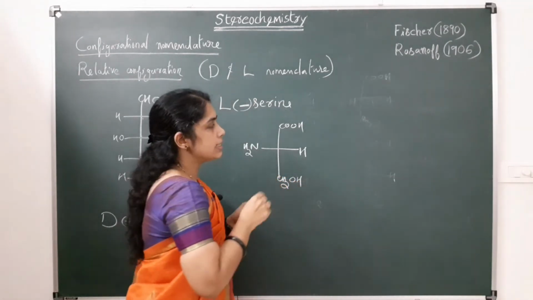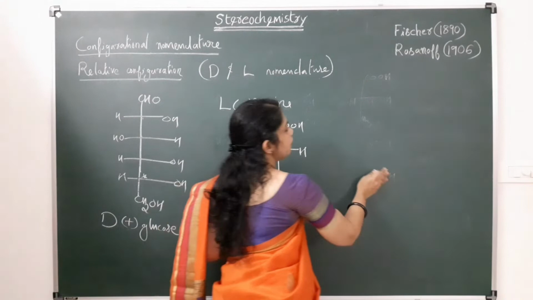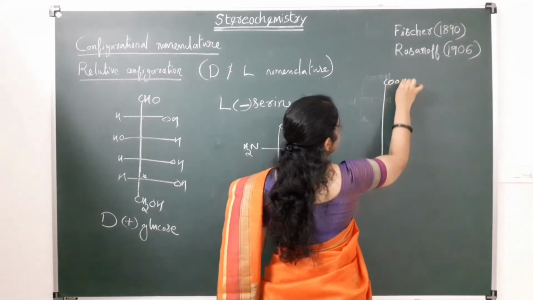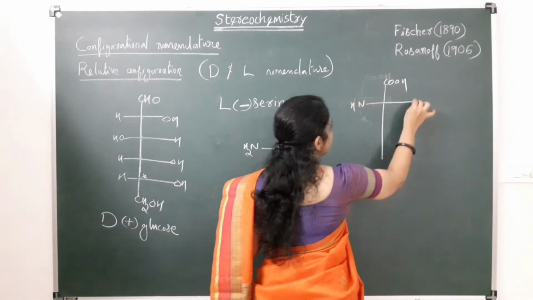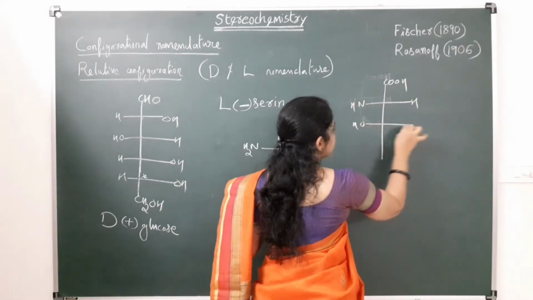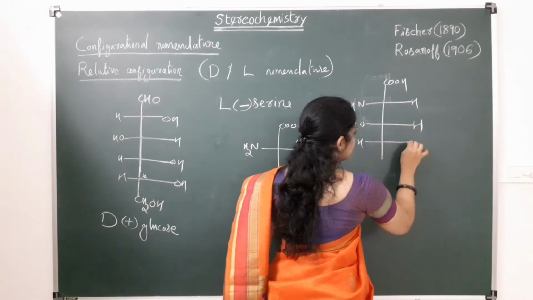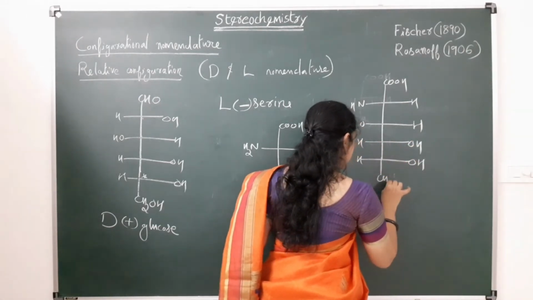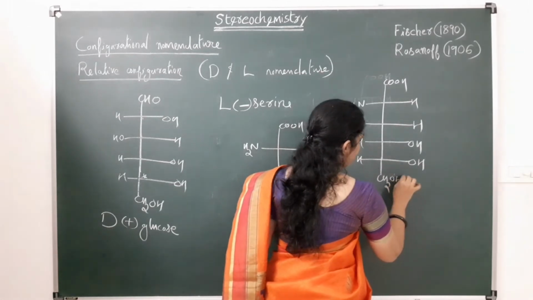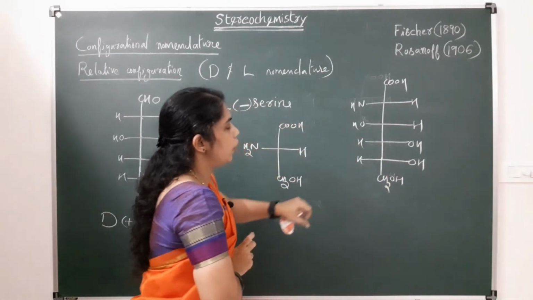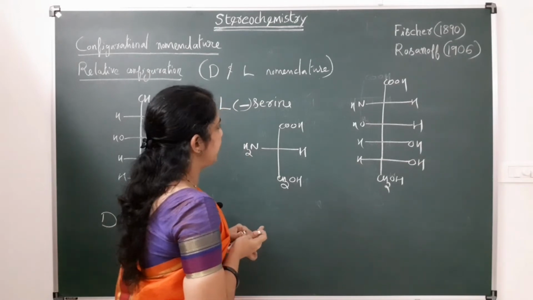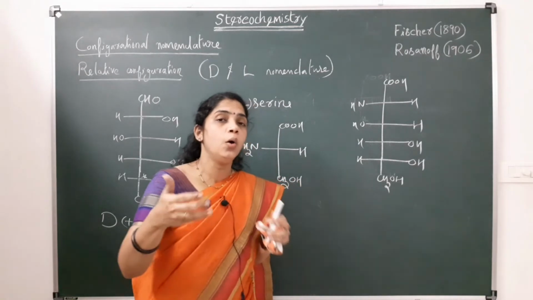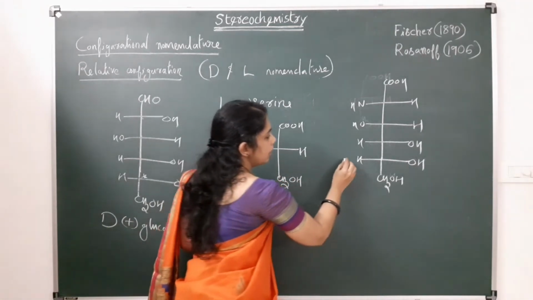But here also there is a problem. For example, in the case of a molecule like COOH, here NH2, H, here OH, H, OH, here H, OH, here CH2OH. How can we assign the configuration, D or L? Because here, look at the bottom side.